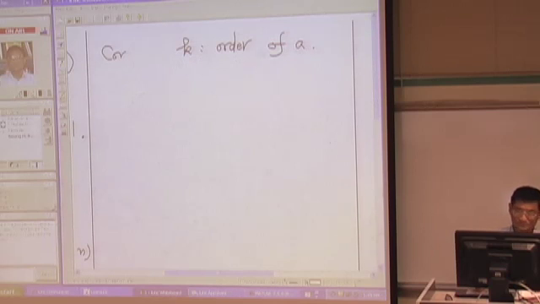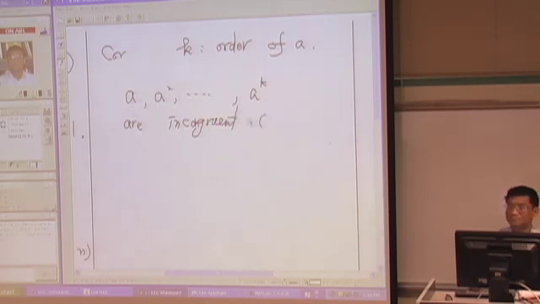Then a to the power of 1, a to the power of 2, a to the power of 3, up to a to the power of k are incongruent mod n.